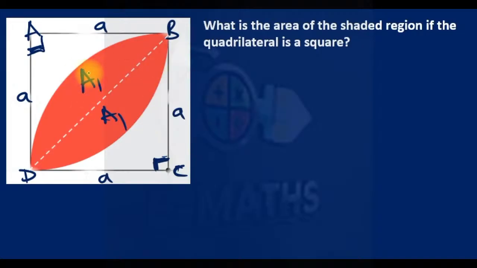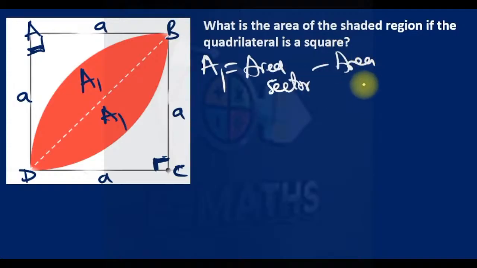So A1 is equal to the area of the sector minus the area of the right triangle.